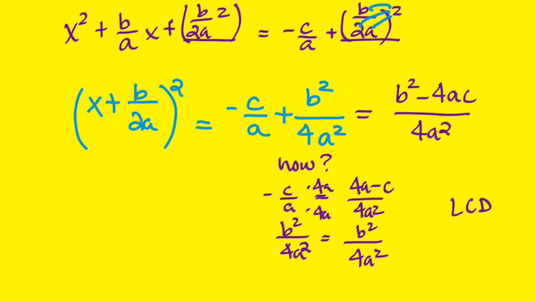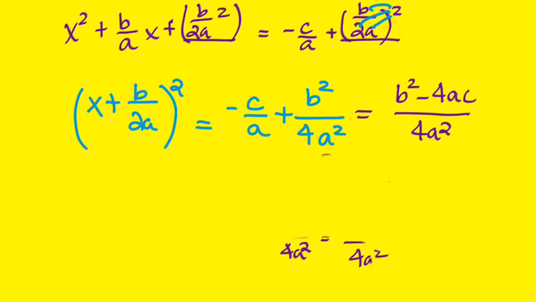And now I am combining my terms on top here and on top here, because now I have a lowest common denominator. And when I do that, I get b squared minus 4ac all over 4a squared, right? Okay, and that's how I got that.